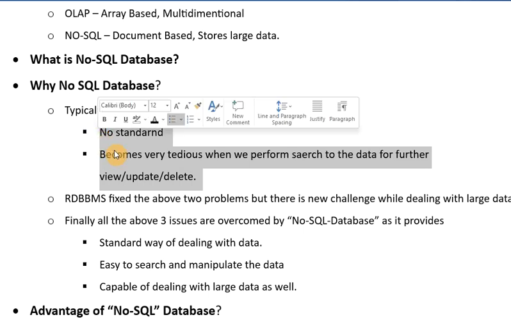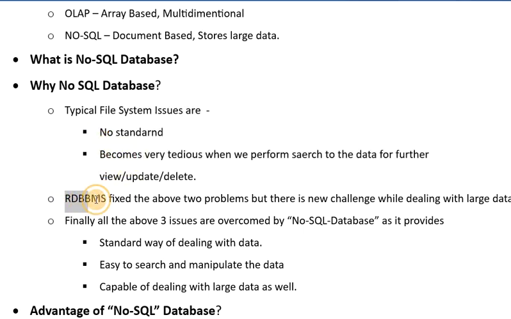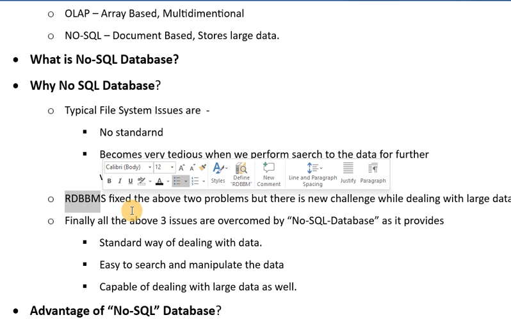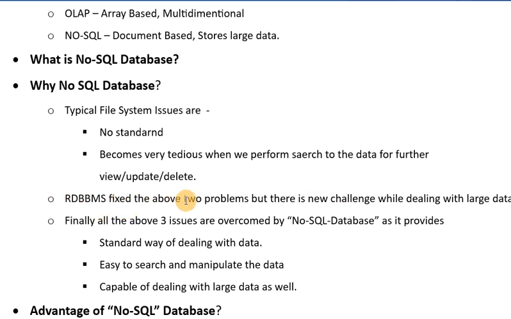Now these two problems are solved by the RDBMS. RDBMS fixes the above two problems. It provides a standard way of storing the data, which we store in row and table format. The second thing it provides is SQL query languages.